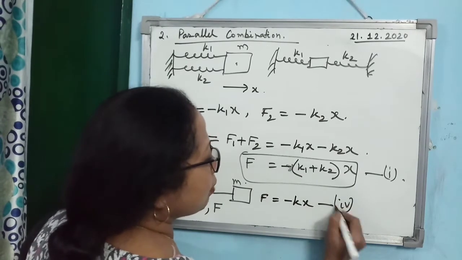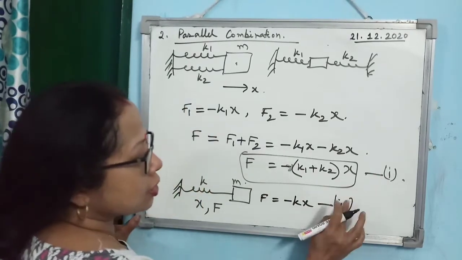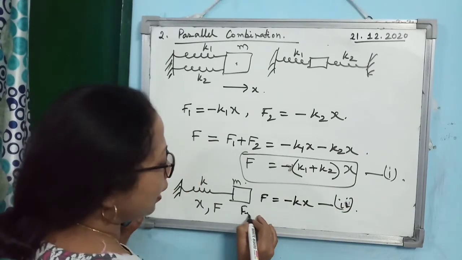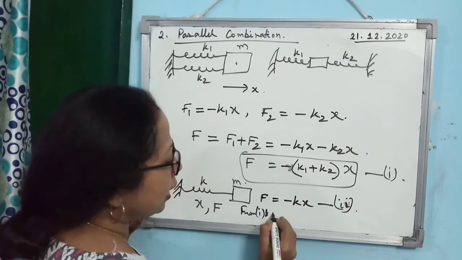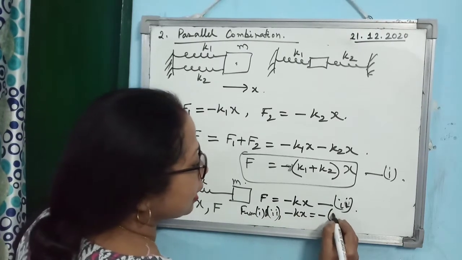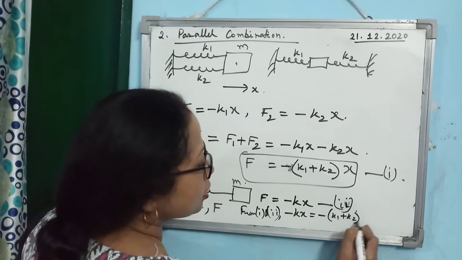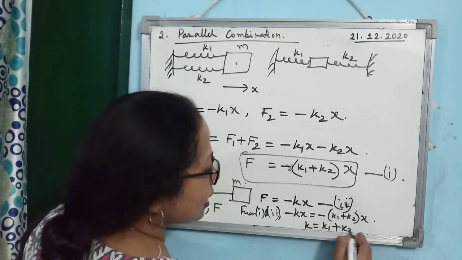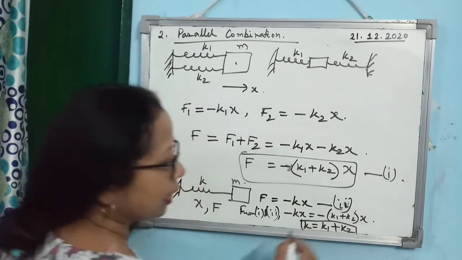This is equation number 2. So from equation 1 and 2, what are you getting? Minus Kx is minus (K1 plus K2) into x. So what is the equivalent spring constant? K is equal to K1 plus K2.